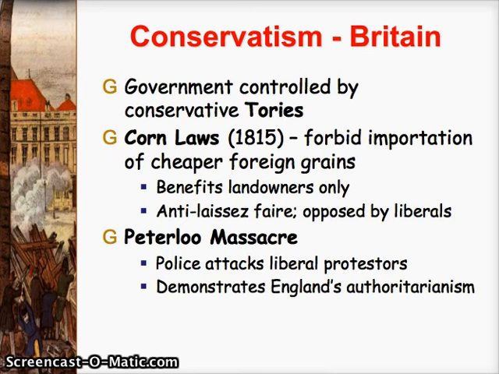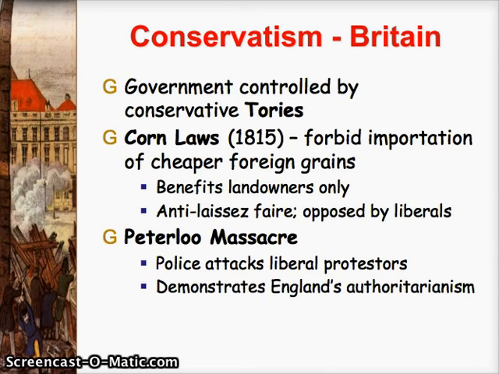All right, so ultimately, this is going to lead to an event called the Peterloo Massacre, which takes place in 1819. This is an anti-corn law protest. A bunch of protesters gather to protest against the corn laws, and the British government sends a police force to stop them, and this results in a lot of violence.